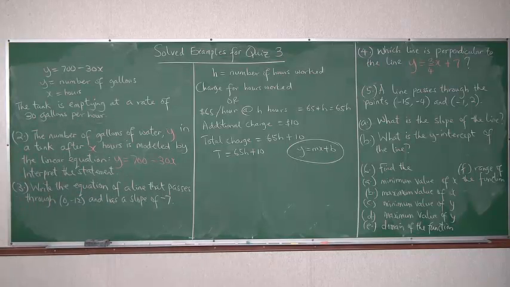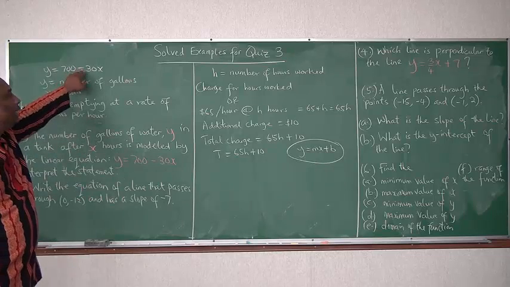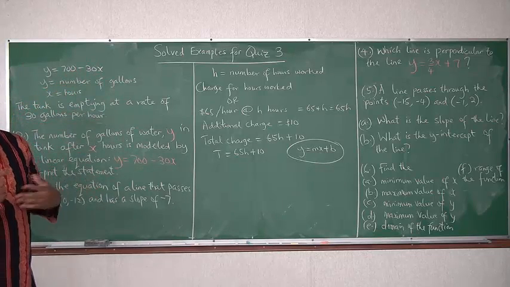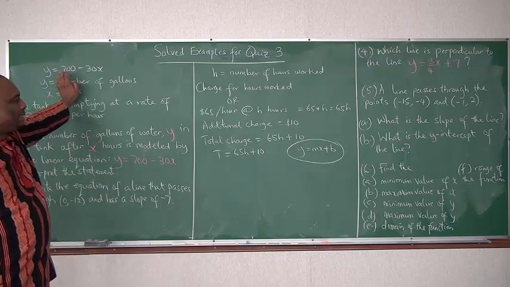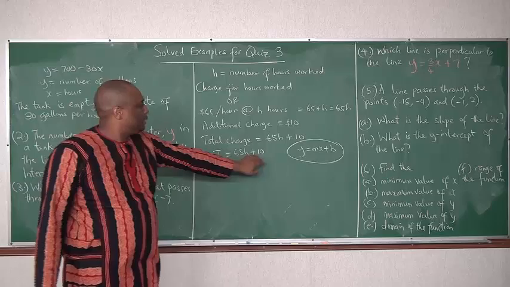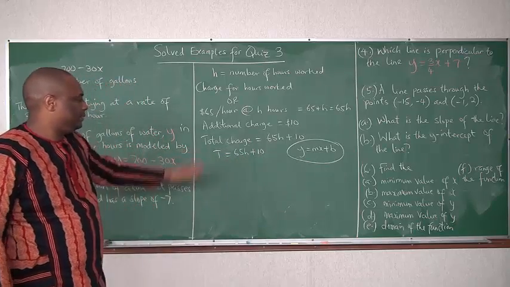That is the interpretation. If it was plus, a positive slope, it would be filling. Now this 700 is just the y-intercept, just like the 10 here. Just the y-intercept.